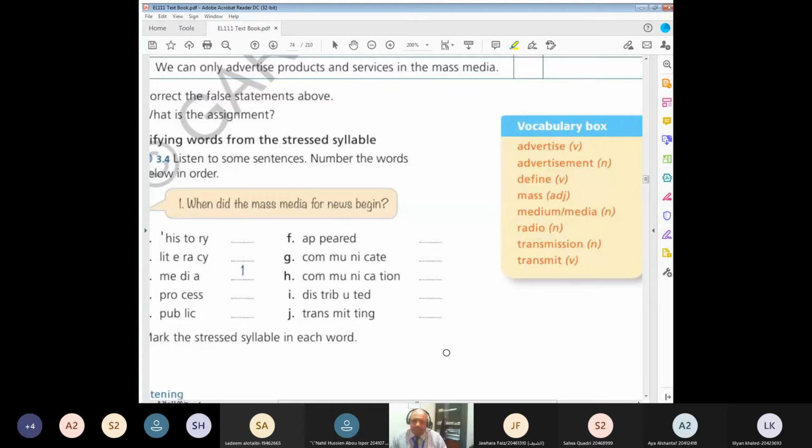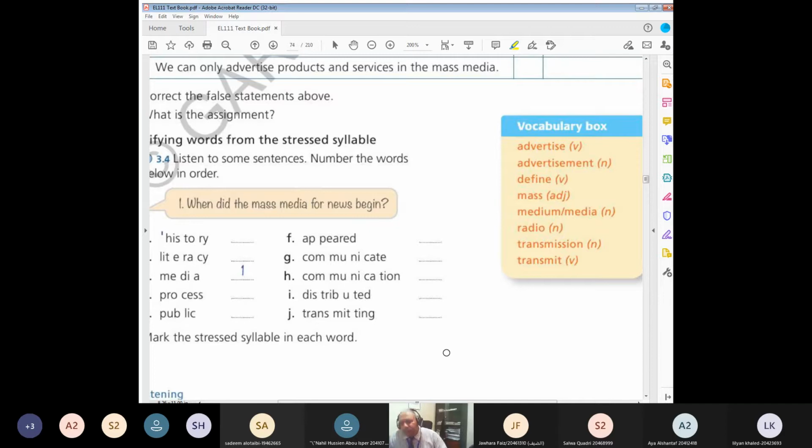And from medium, which is singular, you have media. The word media is plural for medium. It means a way to communicate. It can be any tool that you use to do something.